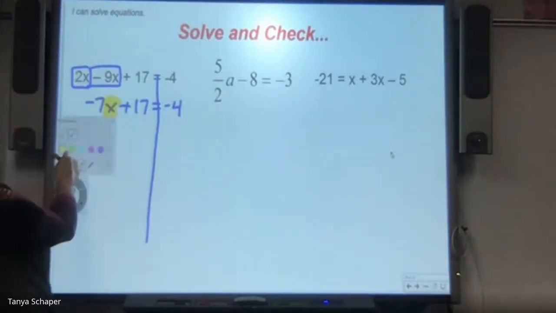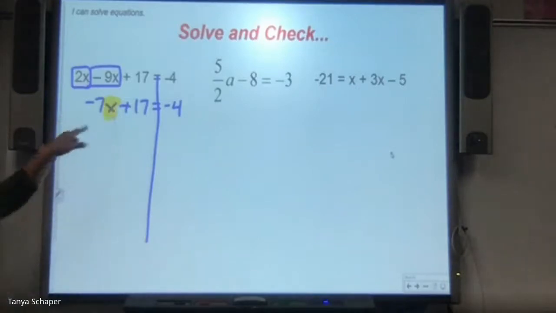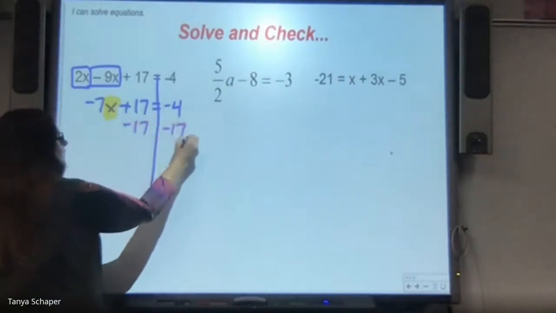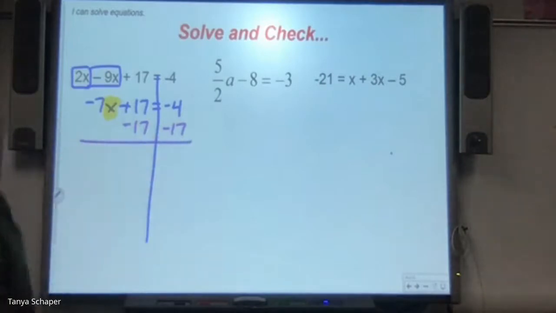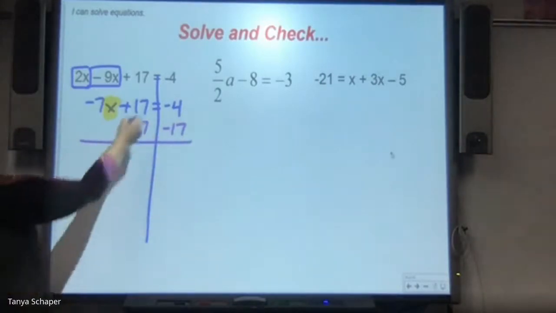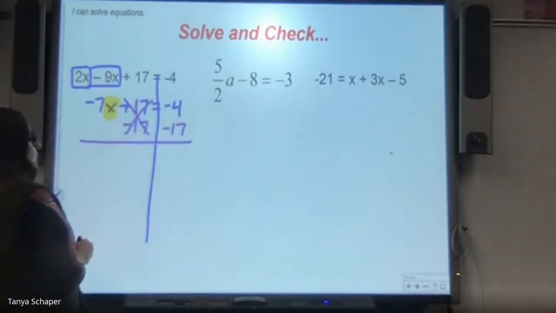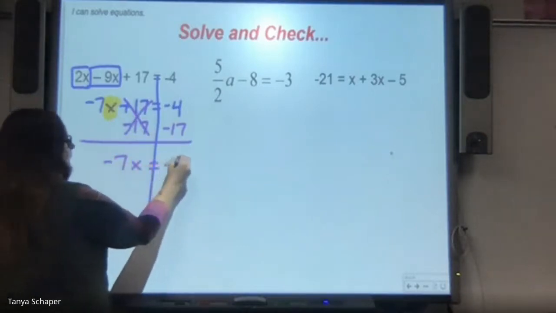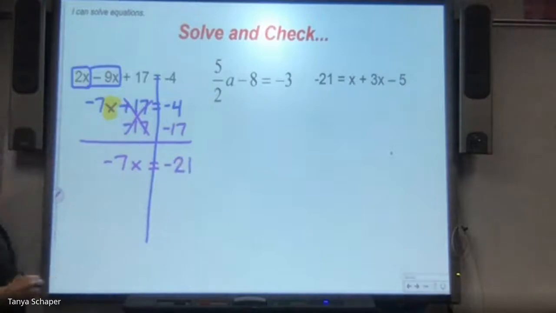So the first thing I'm going to do is I'm going to undo the 17. And I undo 17 by subtracting 17 from both sides. We're going to subtract 17 from both sides. These cancel out. So I'm left with negative 7x equals negative 21.